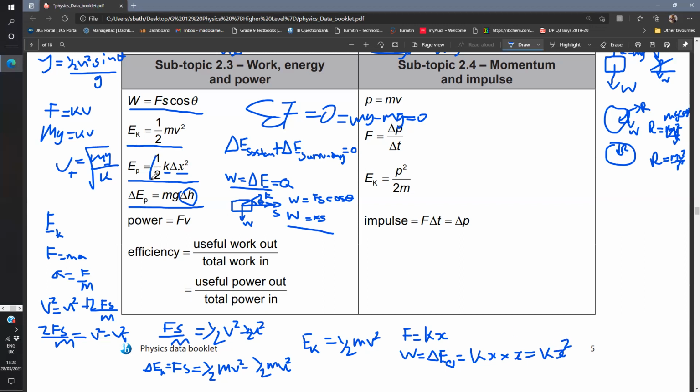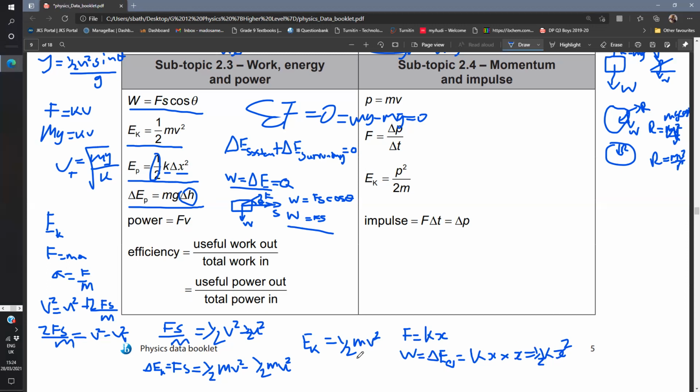However, here there's a half kx squared, and the way that we obtain this is from the graph. I'll be explaining this tomorrow, or sorry, in the next upload, when it comes out, hopefully tomorrow. And so you have half kx squared, and the half is basically from the graph.